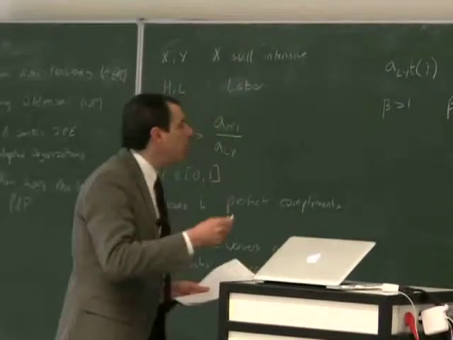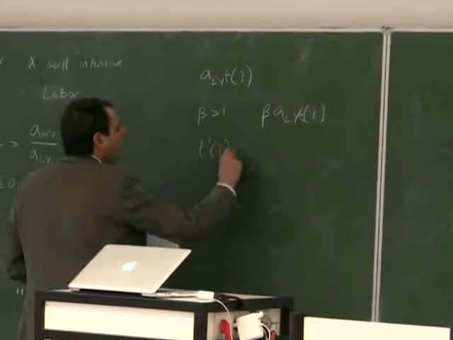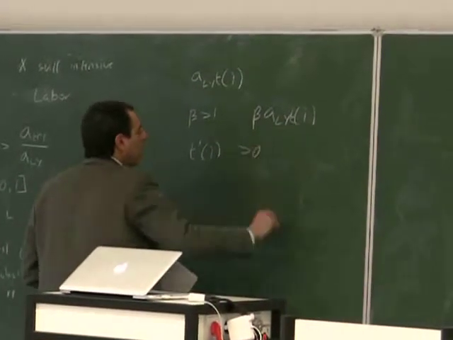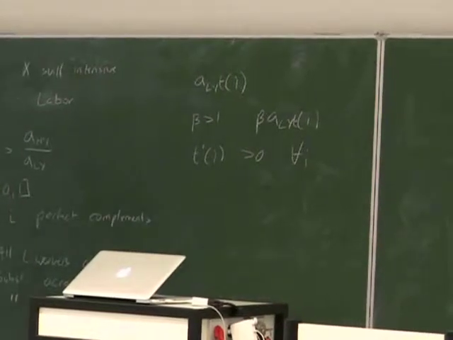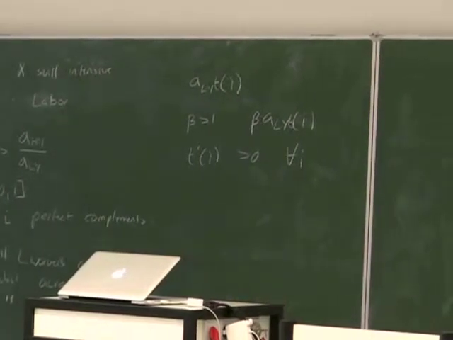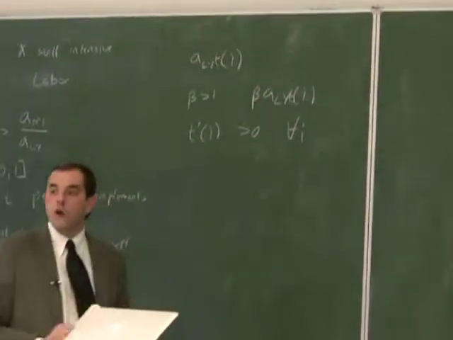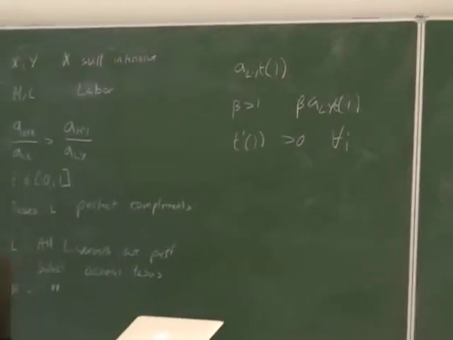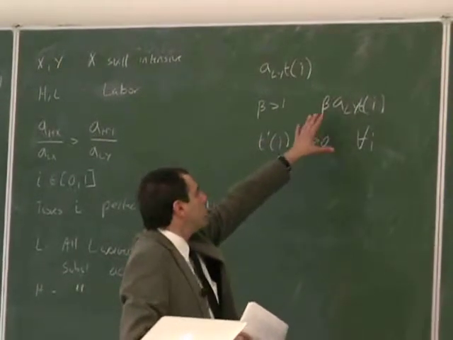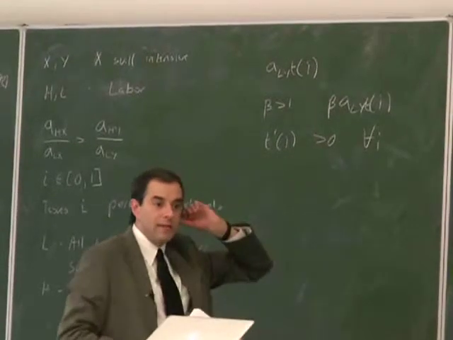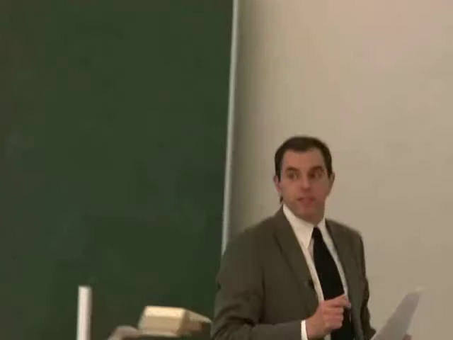Okay, and we're going to assume that T prime of i is greater than 0 for all i, meaning that the comparative disadvantage of international workers is increasing in the non-routineness of the task, right? So in other words, if it takes 20% more labor to do the least routine task, it takes 80% more labor to do the most non-routine task.